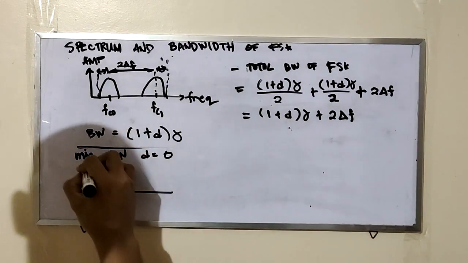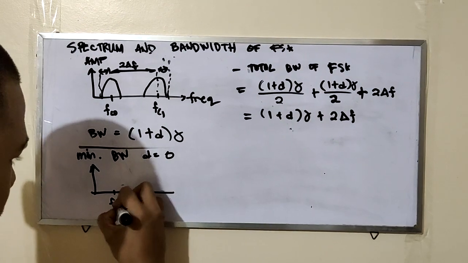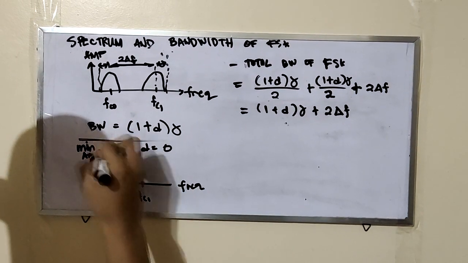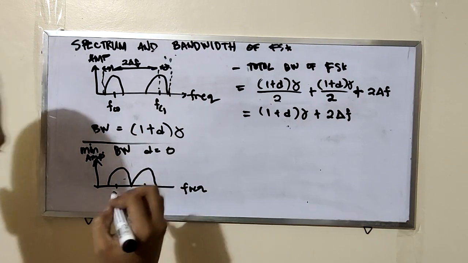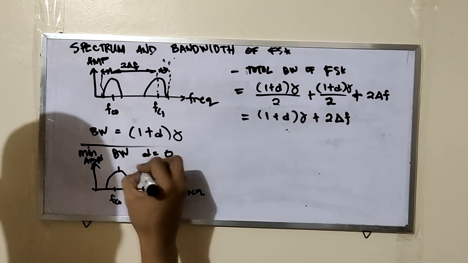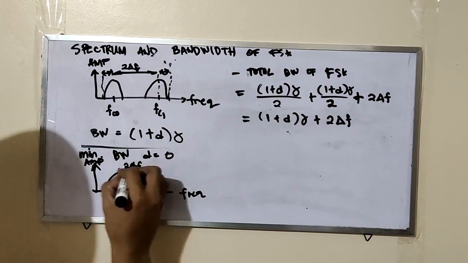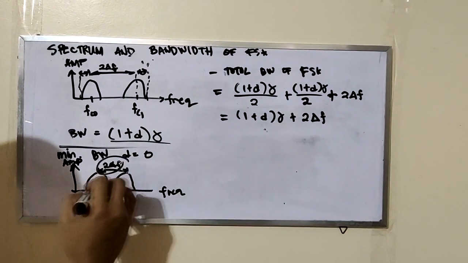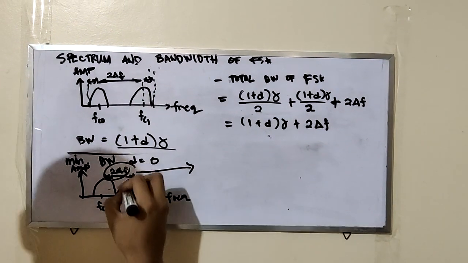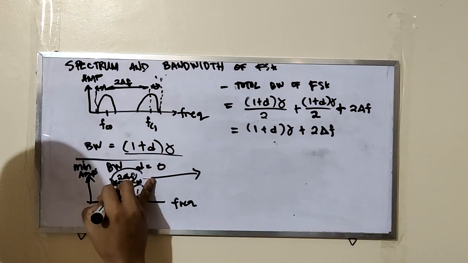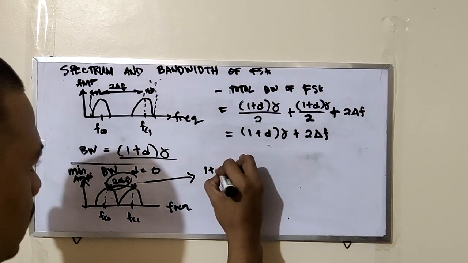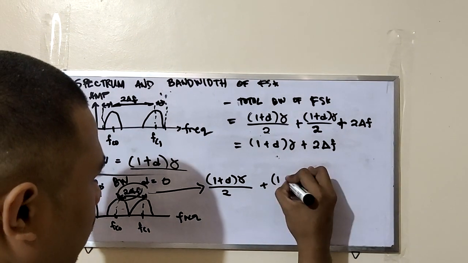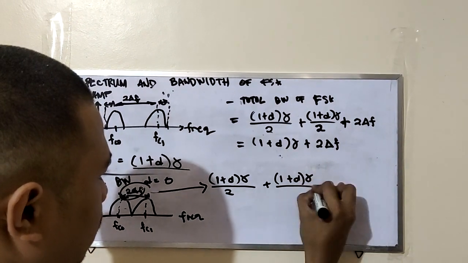So if we plot this, FC0, FC1, frequency, amplitude, then this is 2 delta F. If we compute this 2 delta F in minimum bandwidth, we have half of this and half of this, so (1 plus D) R over 2 plus (1 plus D) R over 2.